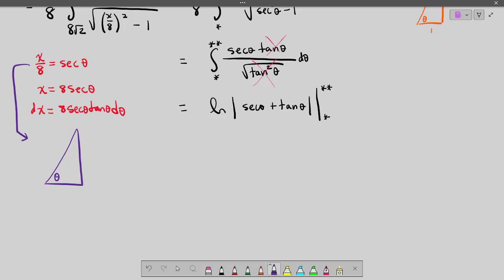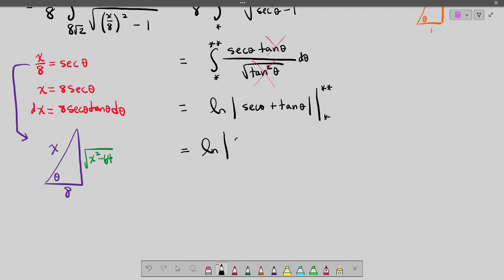Secant is hypotenuse divided by adjacent. So that is our triangle, two of the sides of the triangle. And then the missing side will be the square root of x squared minus 64. And so that's going to allow us to get back to x.